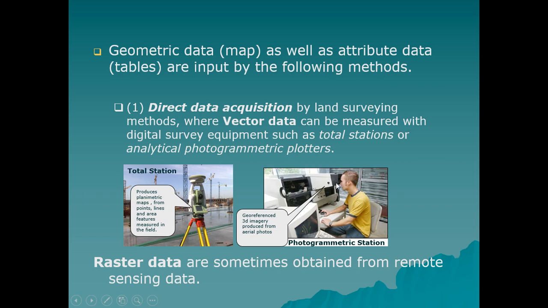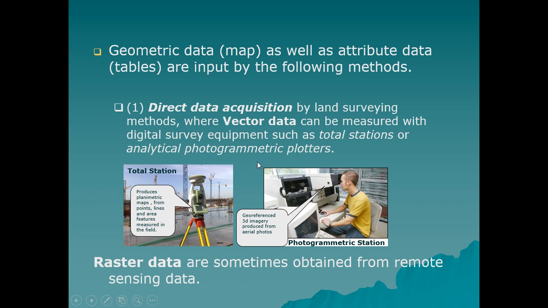What he is seeing are two overlapping aerial photos that would be mounted in such a way that he would be able to view those images in 3D from these lenses, and as a result he would be able to digitize features including elevation from that 3D view of the aerial photos.